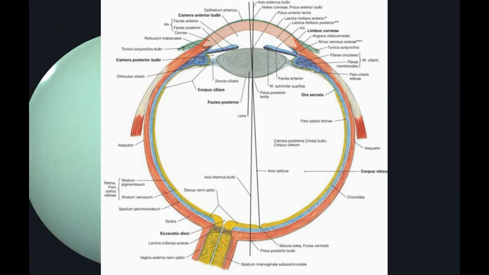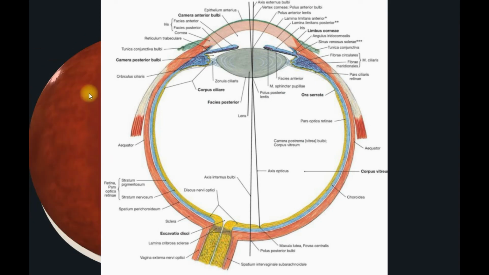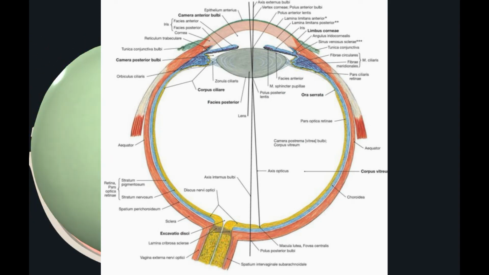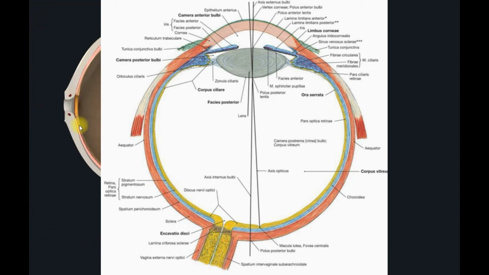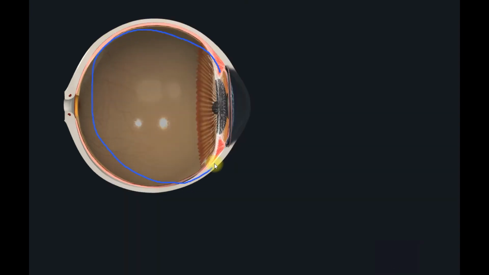And the last question is the chambers. The chambers of the eye: there are two main chambers. The eye has two cavities, the posterior cavity and the anterior cavity. The posterior cavity also has the posterior chamber and anterior chamber, and the postrema, or most posterior part of the eyeball.